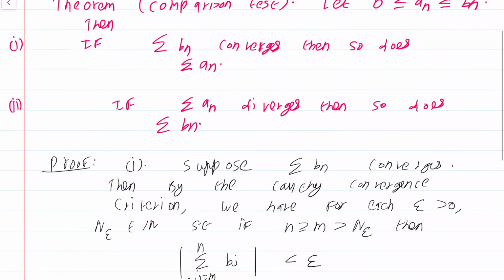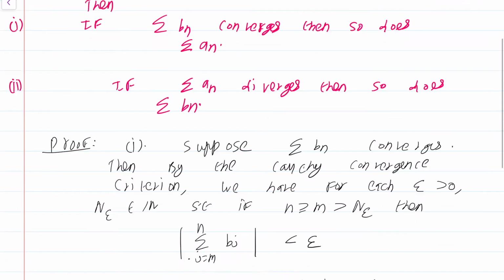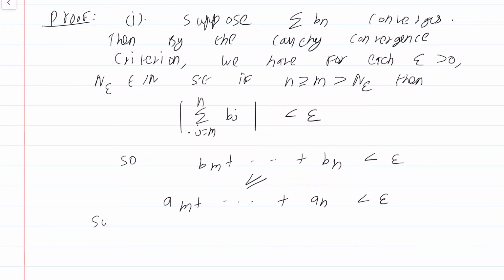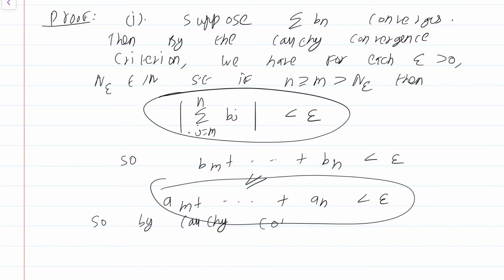That's our hypothesis, 0 less than or equal to an less than or equal to bn. So by Cauchy convergence criterion, again remember the Cauchy convergence criterion is an if and only if condition. If a series is convergent, then this must happen. If this happens, then the series is convergent. So by Cauchy convergence criterion, we are done.